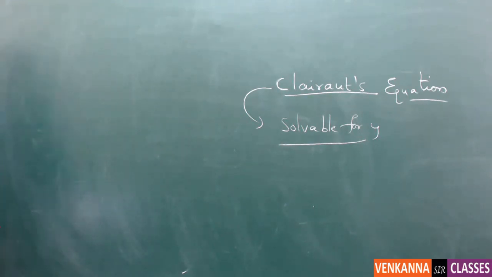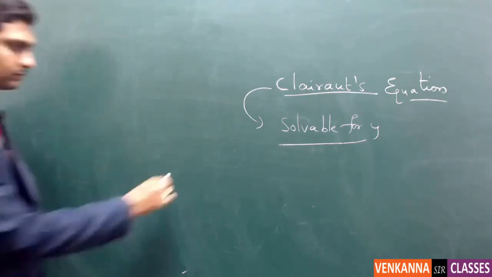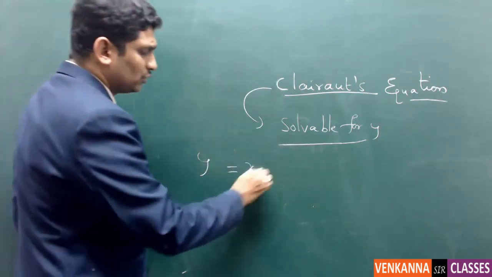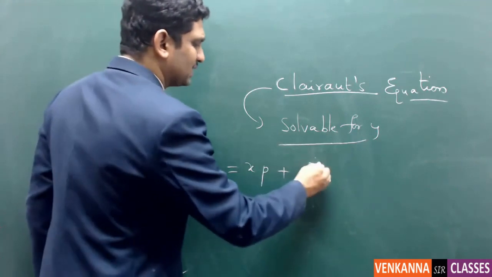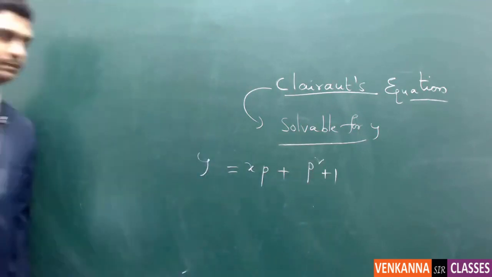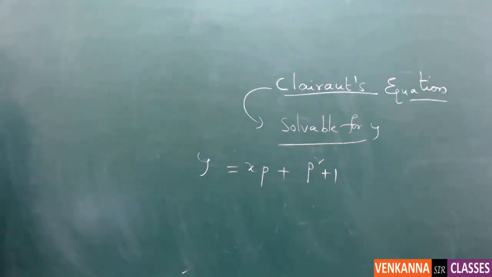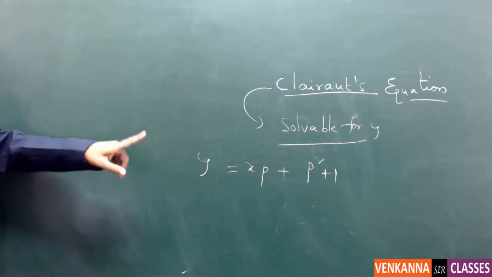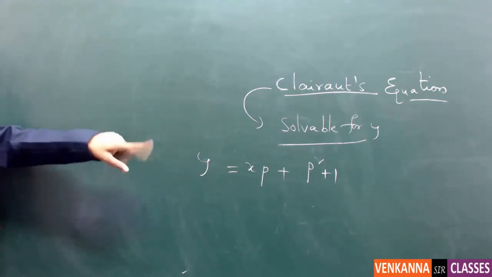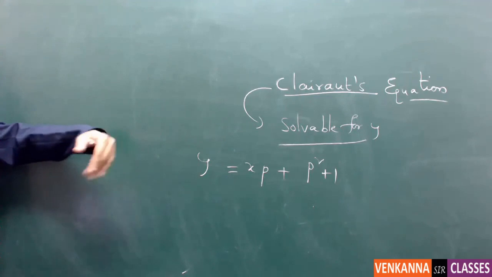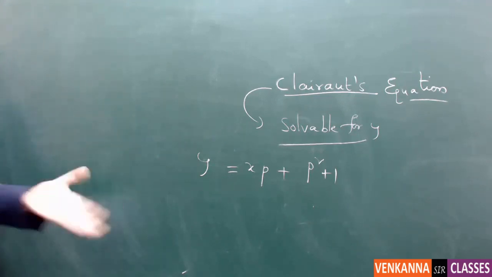So please take an equation of the form Y is equal to X into P plus P square plus 1, let me say. Since Y has power 1, it is soluble for Y, you go for differentiation, do the factorization.